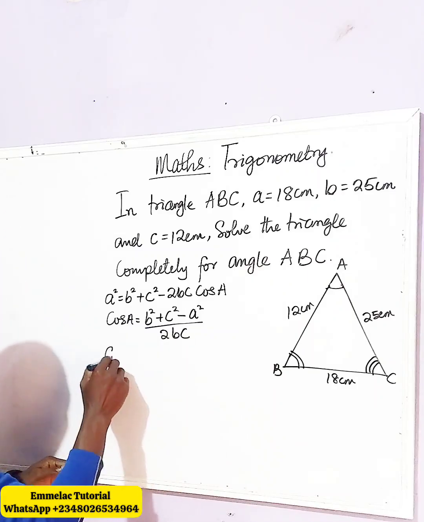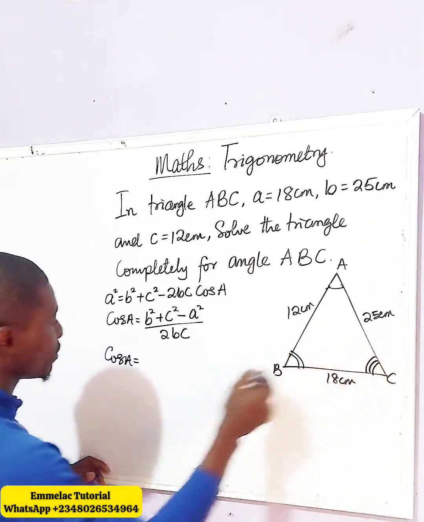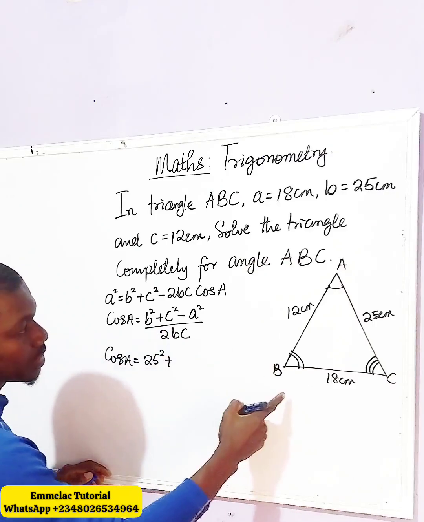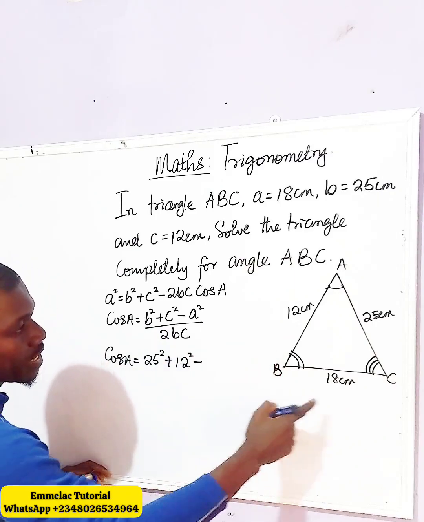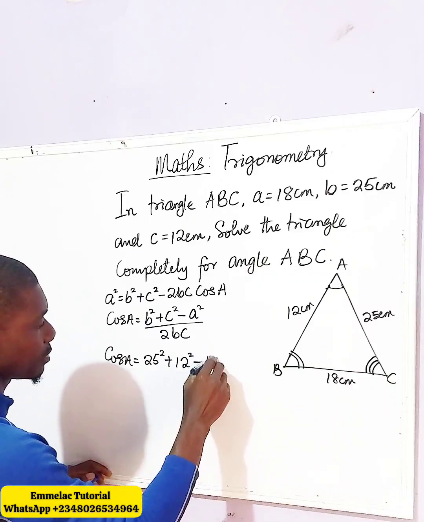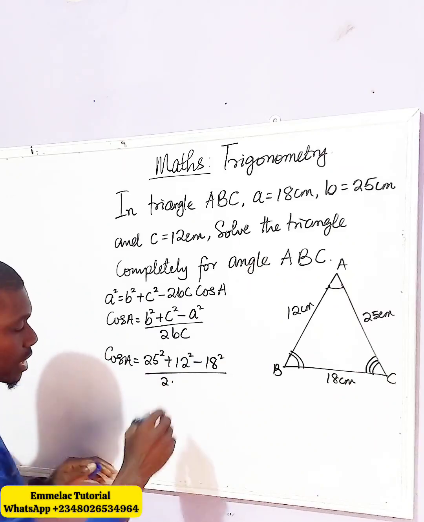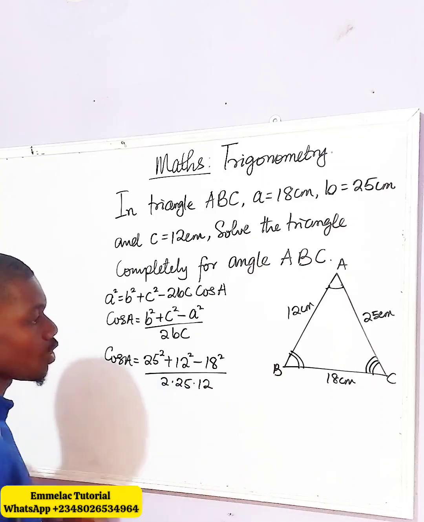So here we have cos A equals, our b is 25 squared, plus our c, that will be 12 squared, then minus a, that will be 18 squared, all over 2 times b, that will be 25, times c, that will be 12.